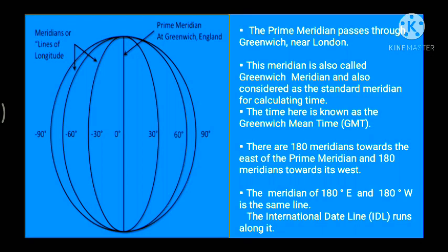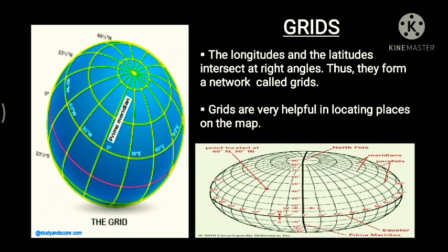Now lastly we have grids. Now children, all these longitudes and the latitudes intersect at right angles. Thus they form a network, and these are called grids, as you can see in the picture here.